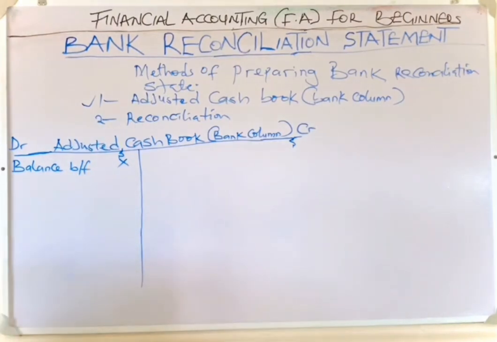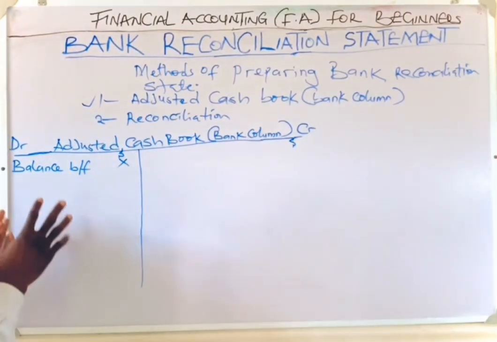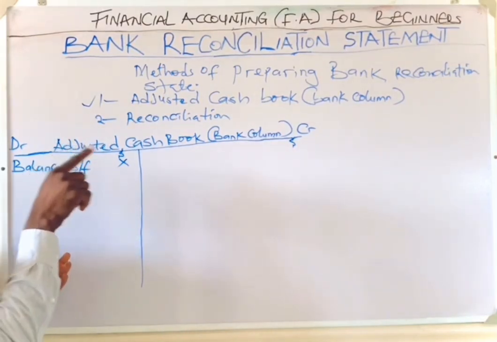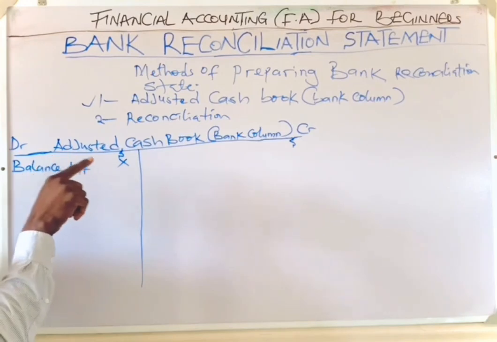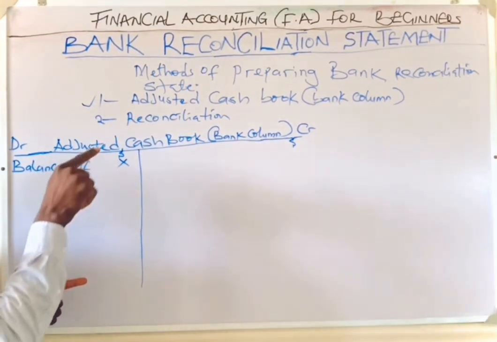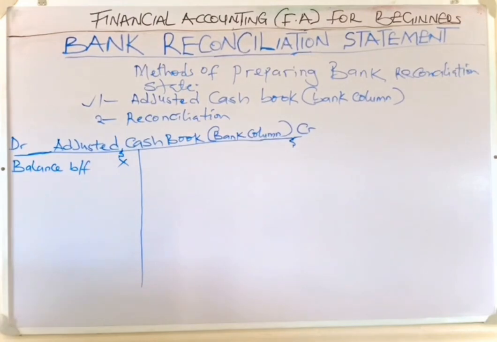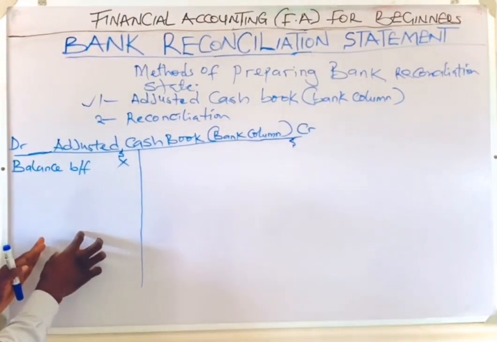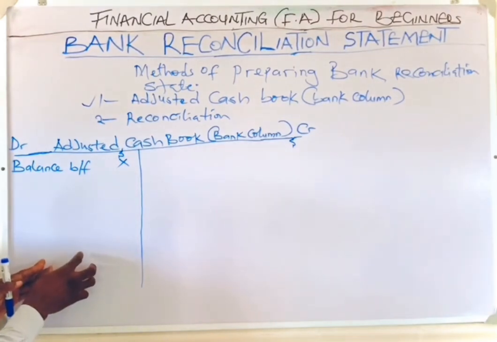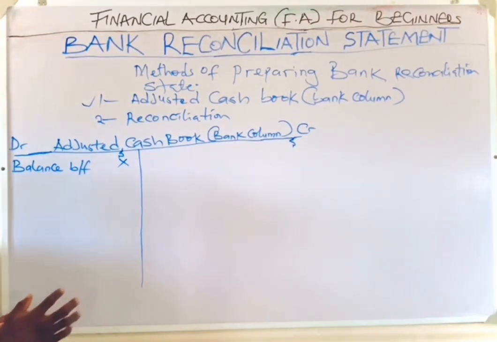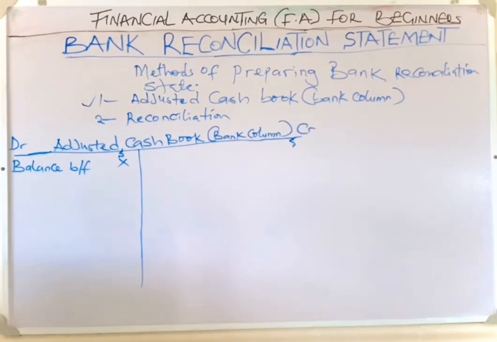In a normal life situation, in our cash book, we don't have those items that are in the bank account, which make the cash book balance not agree with the bank account balance. So those items will be used to adjust in order to arrive at an adjusted balance of the cash book. It's simple as that.